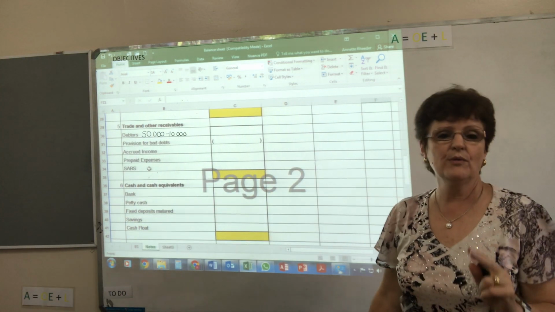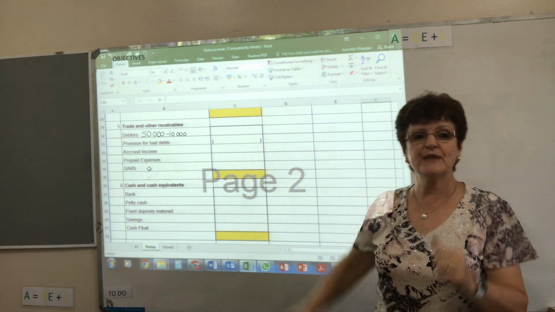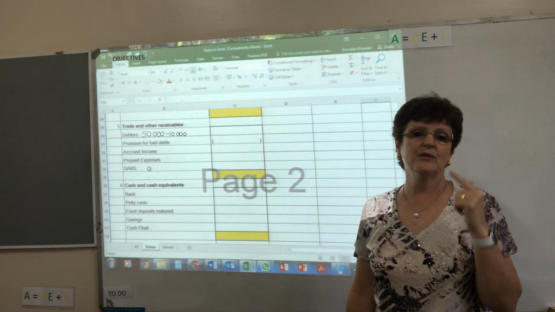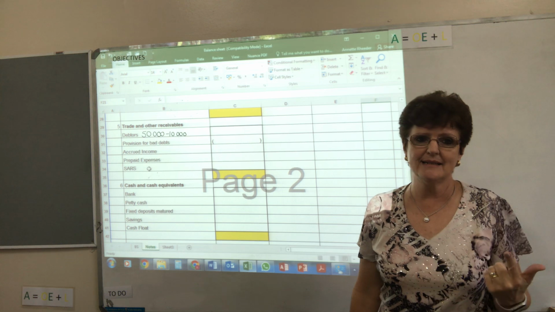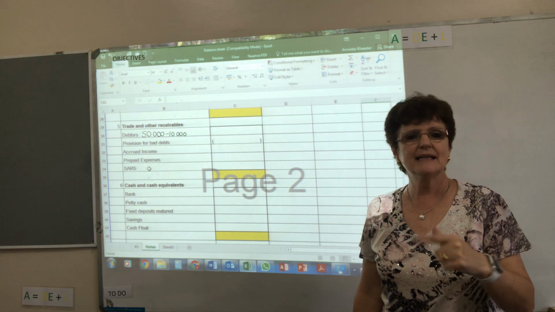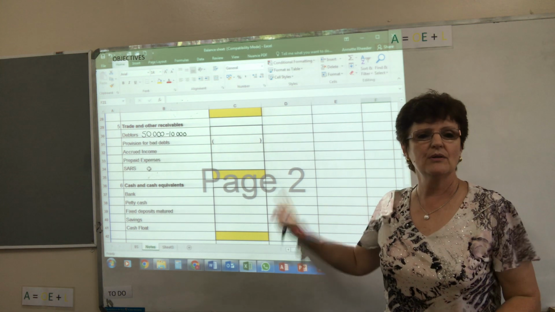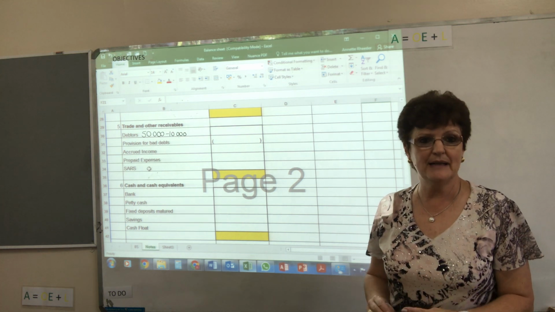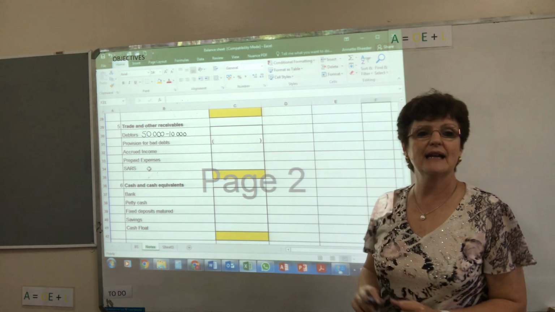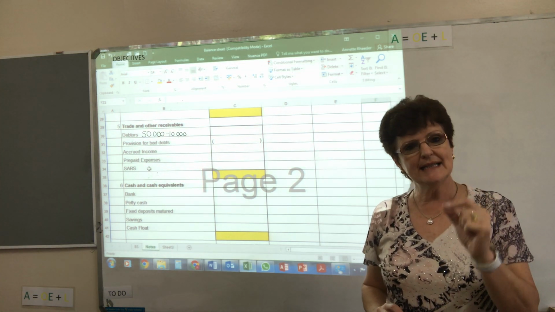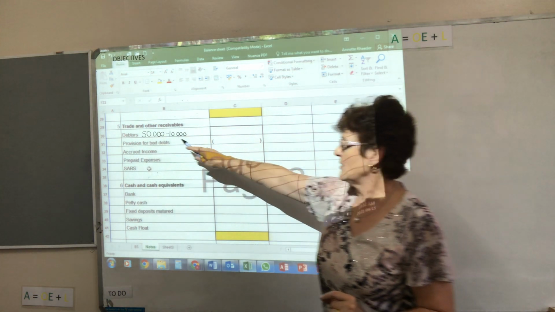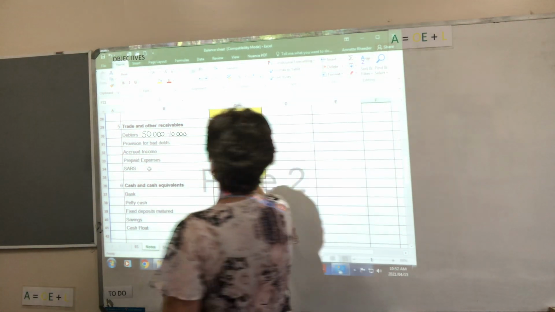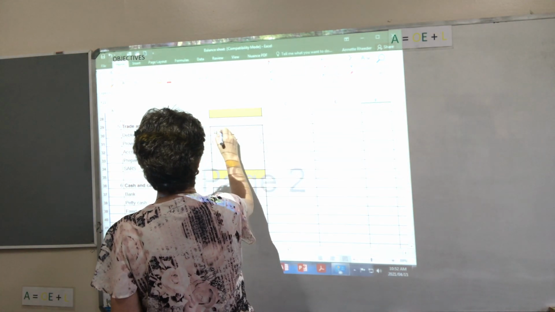So to write off that debtor, we will write off the debtor and we will record it as a bad debt. But bad debts is an expense and it doesn't belong in the balance sheet because we only have balance sheet accounts in the balance sheet. That's why we only look at the debtors, which is the debtors control account. Now that is adjusted and the new answer is 40,000.